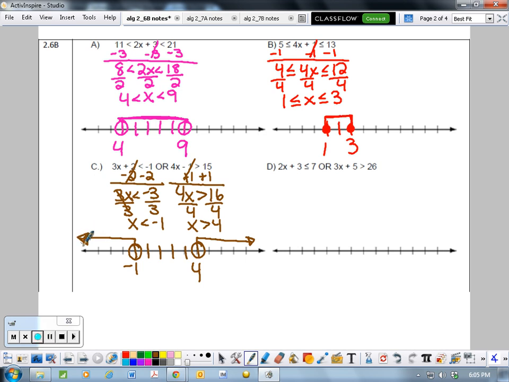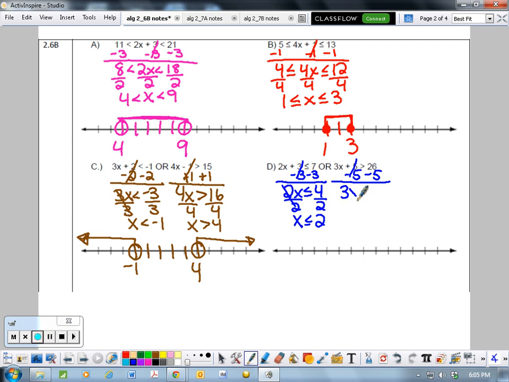And same thing for our next one. We're going to go ahead, subtract 3 on both sides for the first inequality. So now I have 2x is less than or equal to 4, divide by 2. So now I have x is less than or equal to 2. Solve the next one, so subtract 5.